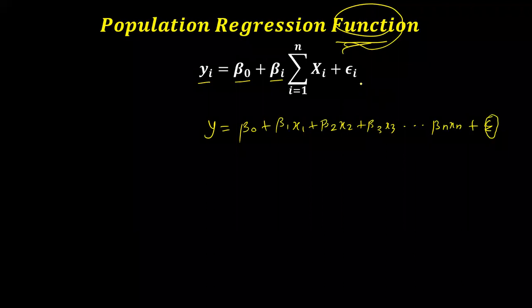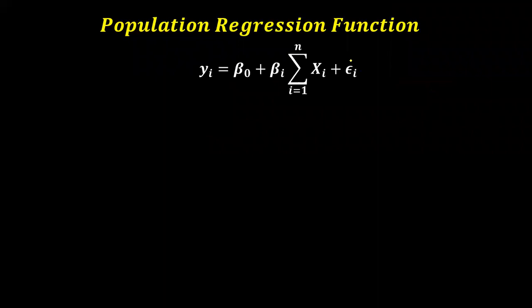Now, this particular error is called the random error. It is not observed. Whenever there is a population, this error is not observed. First, what is this y and what is this beta naught?